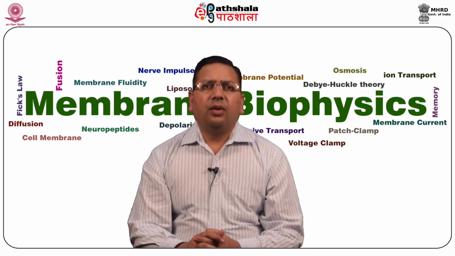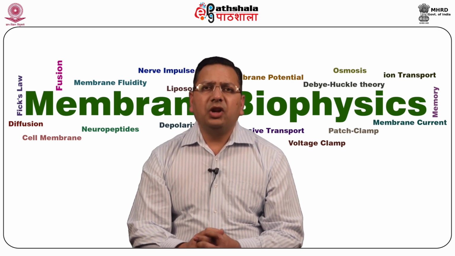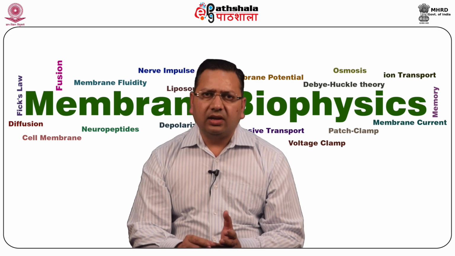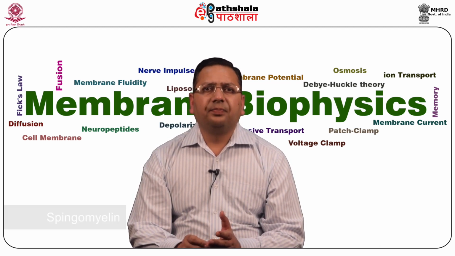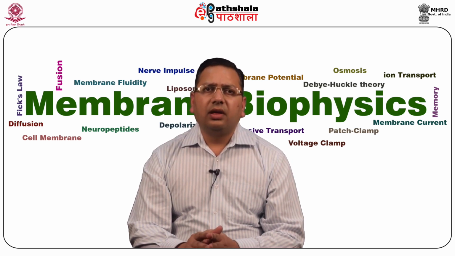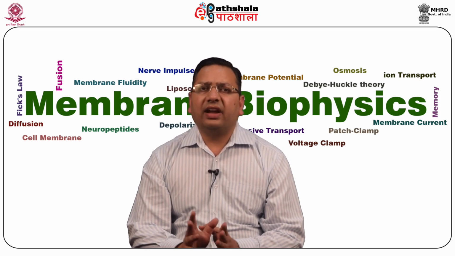In general, majority of phospholipids are neutral in nature. For example, phosphatidylcholine, phosphatidylethanolamine, and sphingomyelins. However, several phospholipids like phosphatidylinositol and phosphatidylserine show acidic nature with negative charges.